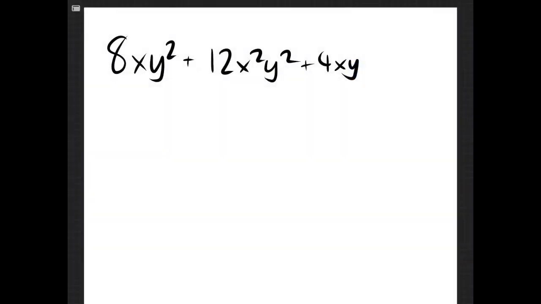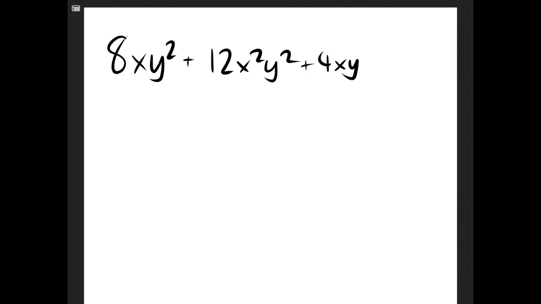So here we have an example on how to factor using distribution. First we're going to find the GCF, and we have to look at these numbers and figure out which term can divide into all of these terms.